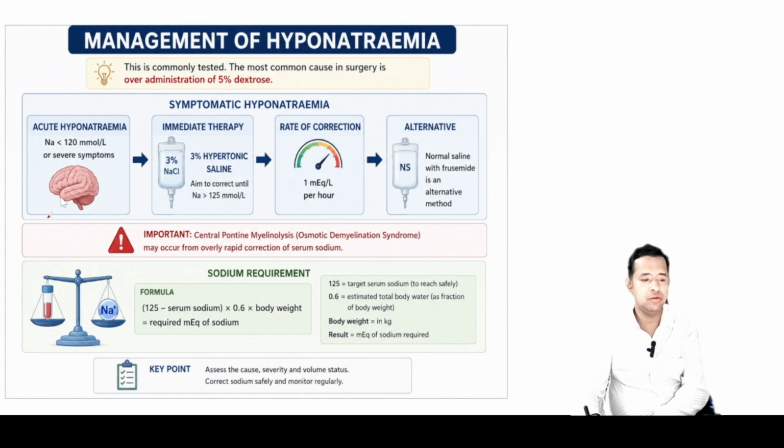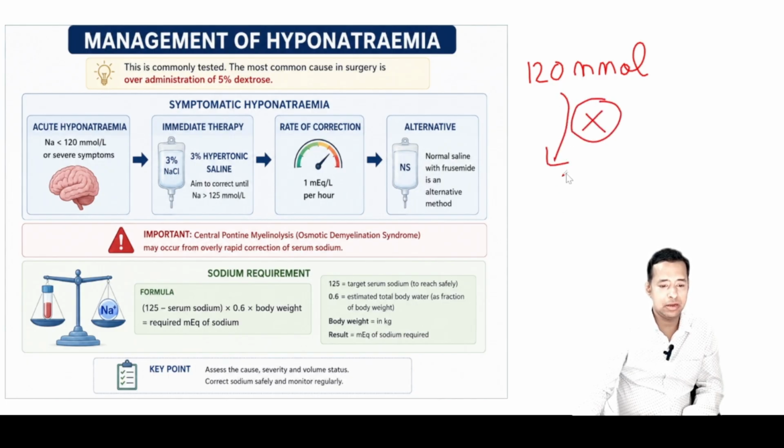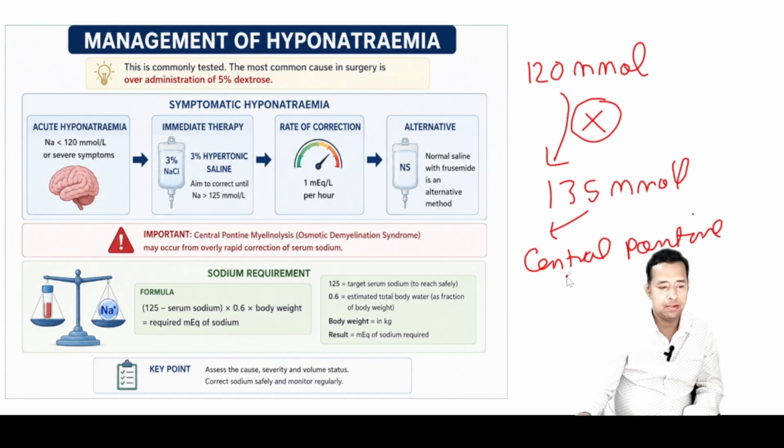Management: always, if your patient has low sodium, like 120 millimole, you should never directly aim for correcting to 135 mmol because of the probability of central pontine myelinolysis.